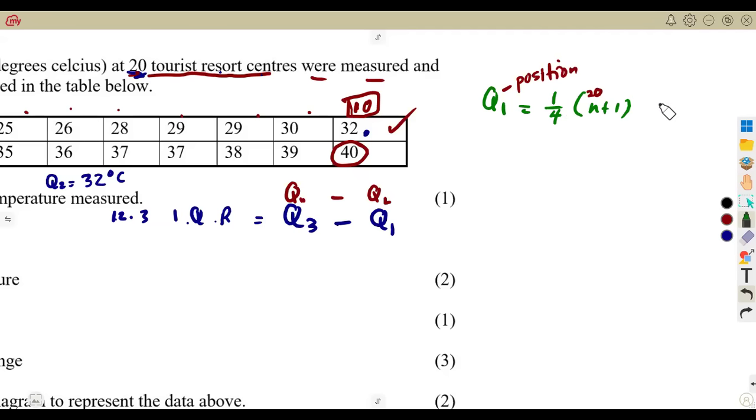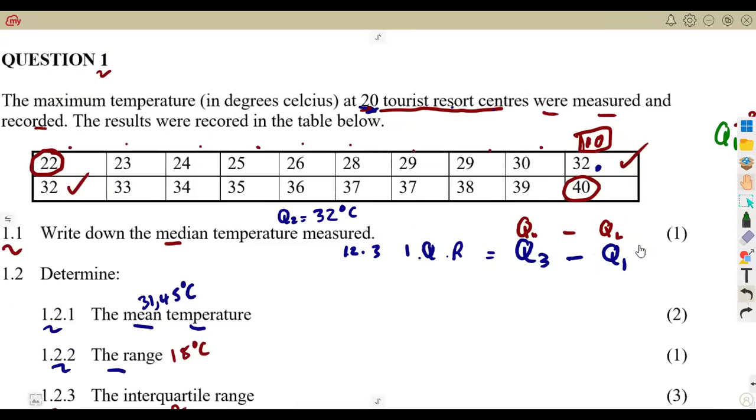Divide 21 by 4, you are going to obtain 5.25. This is the position that we are to obtain Q1.